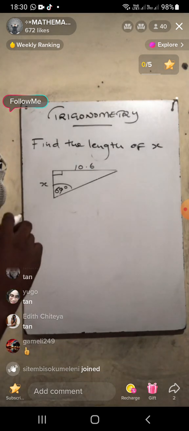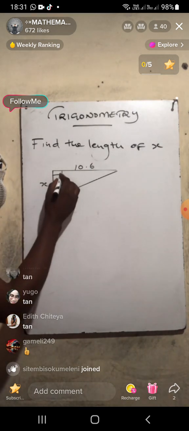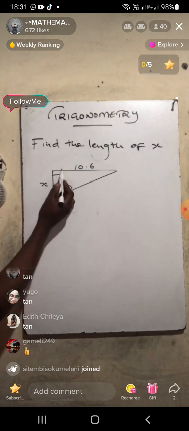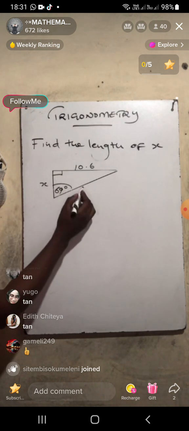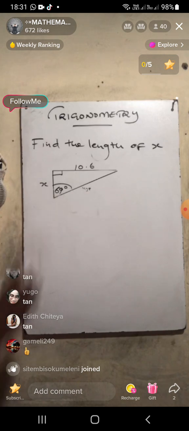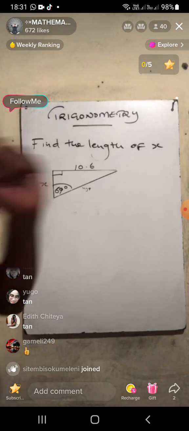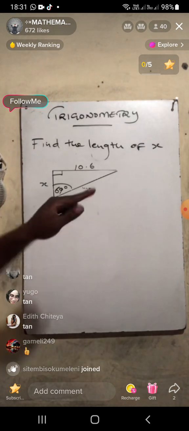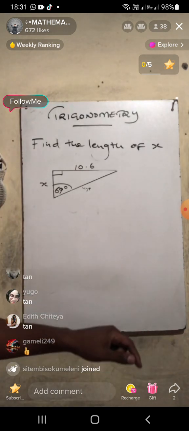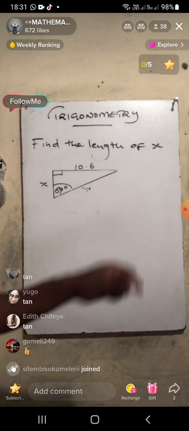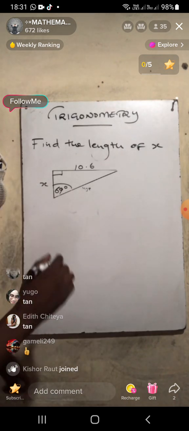Okay. Look at this. We have the hypotenuse, right? If this is our right angle triangle, that means our hypotenuse is this. But we have nothing on the hypotenuse. Every time you see that the hypotenuse hasn't been given as one of the sides, just know that it's tan.